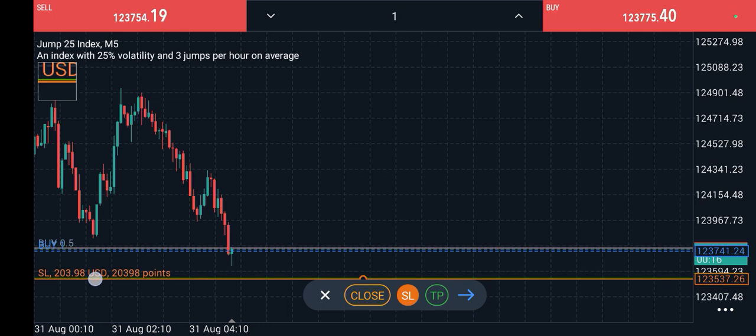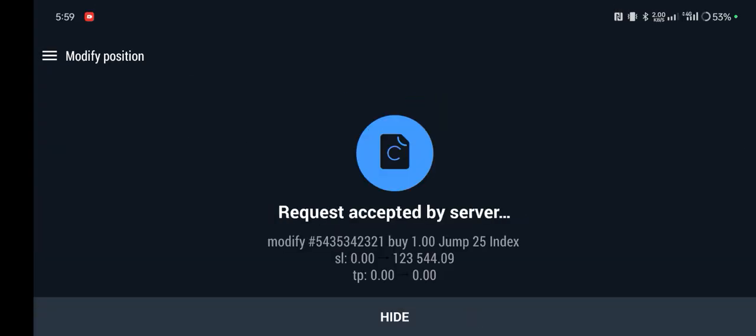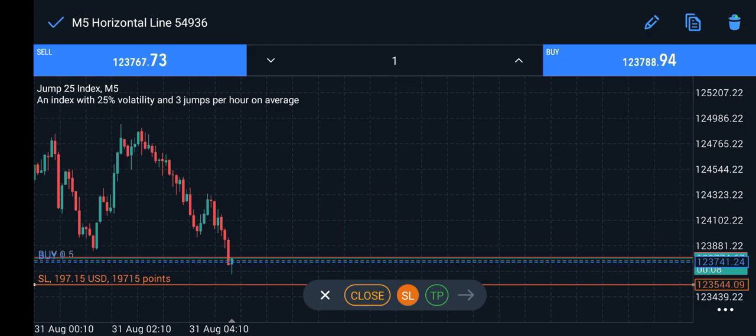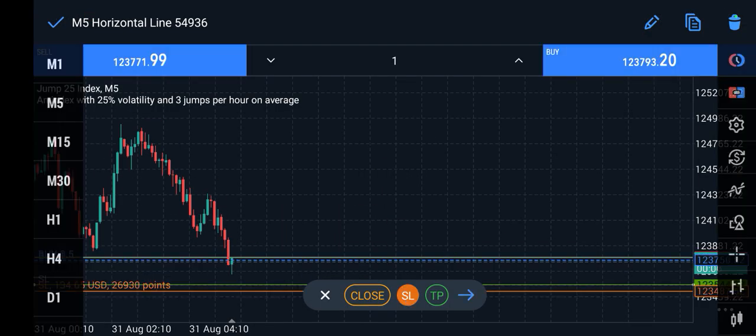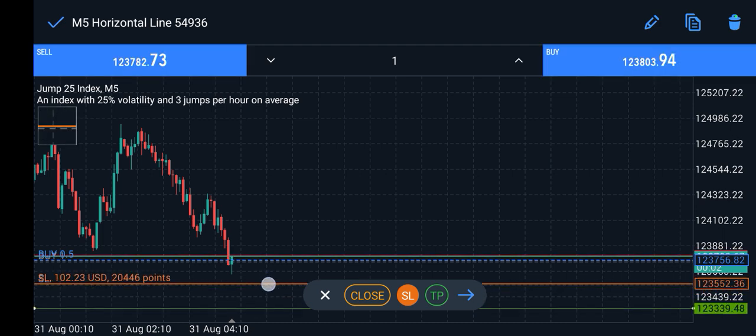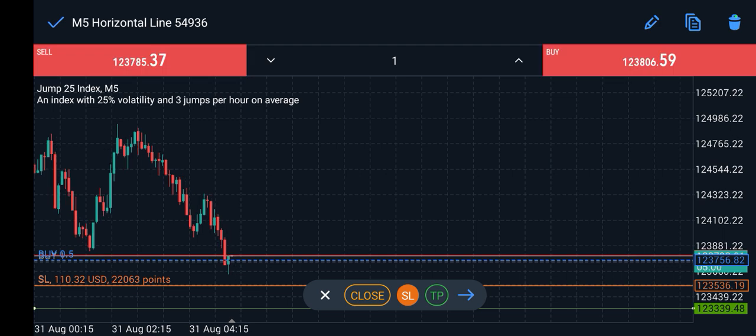Okay, perfect. I'm charged 197 US dollars here. But the other time I'm charged less, just 110.